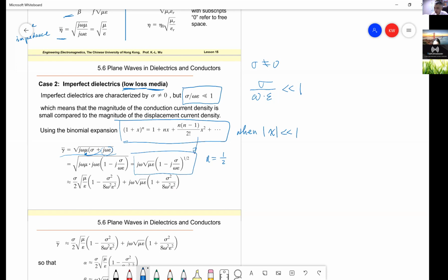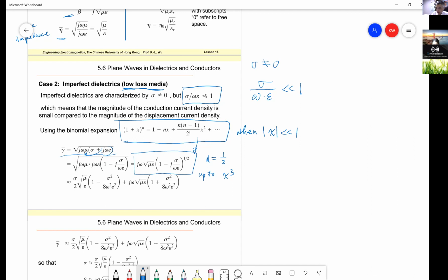Then we apply this up to the x cubic term, so we take the first four terms of this binomial expansion. You can also do this exercise by yourself, but I did it last night.